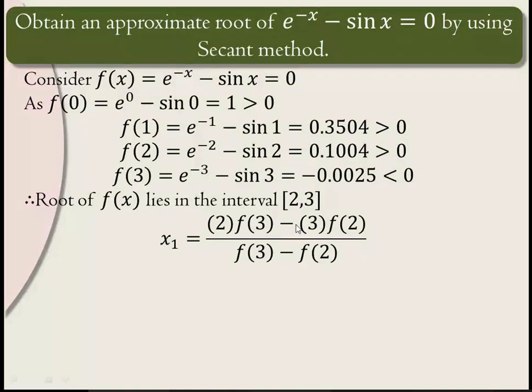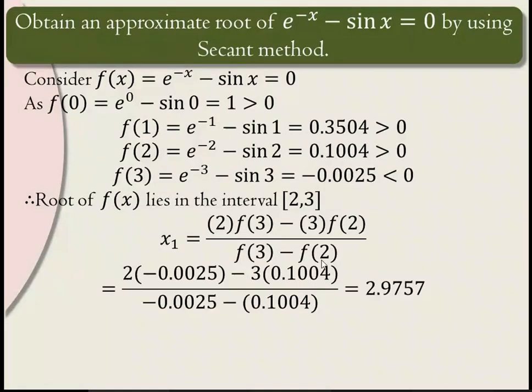I already showed you how to remember such a formula. Take 2, 3, take f of 2, f of 3. Do the cross multiplication, subtract, and divide by the subtraction of these 2 values. Okay, similar formula we have. So we put the values of those terms in the interval 2 and 3. Substitute f of 3, substitute f of 2, and do the calculation.